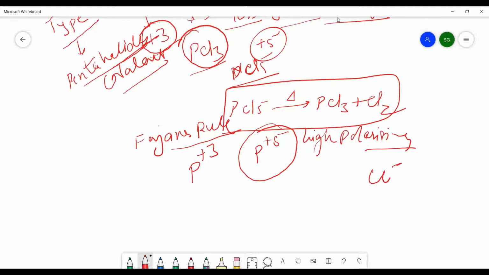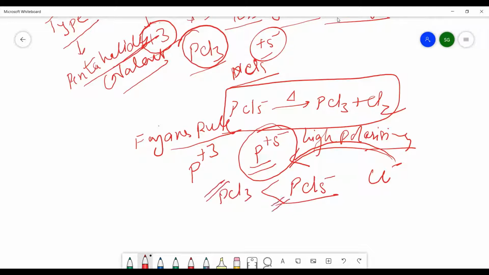So PCl5 will be more covalent in nature as compared to PCl3. This is a very important question: why is PCl3 less covalent and more ionic in nature as compared to PCl5?